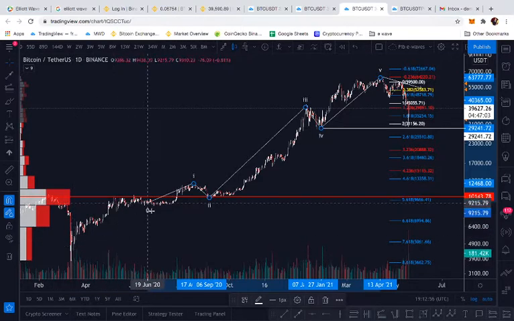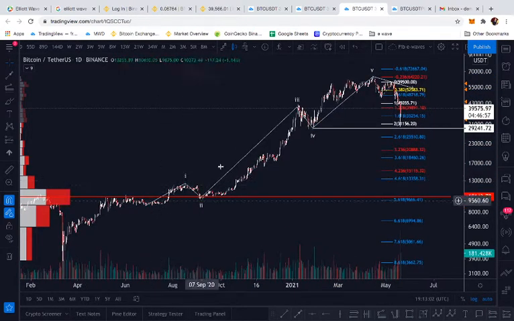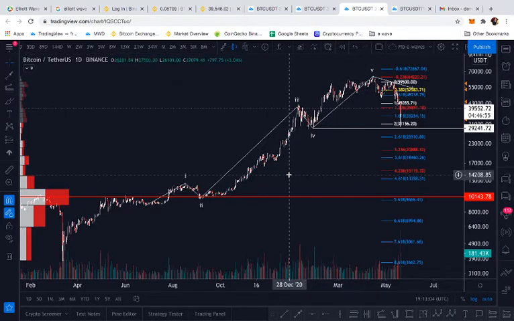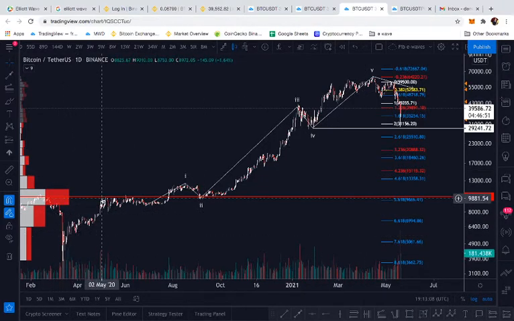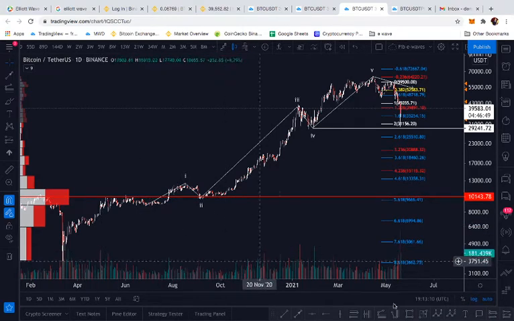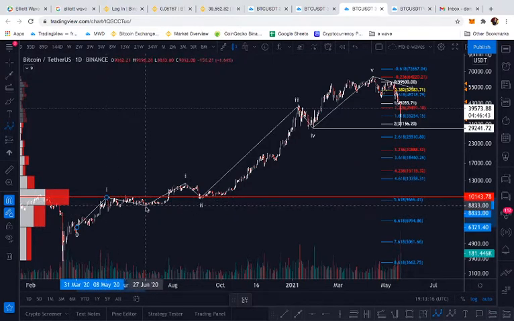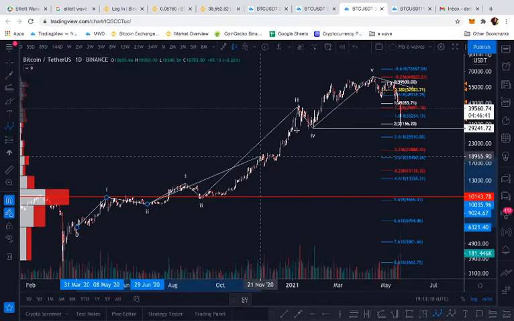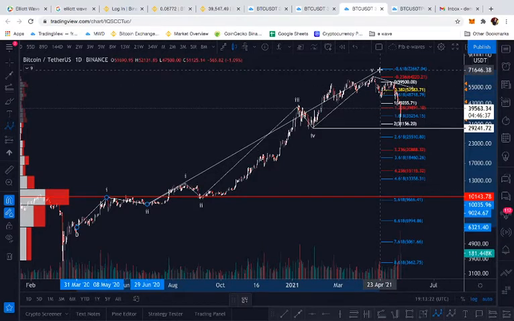I see the count being like a 1, 2, 3, 4, 5, and again this is a 1, 2, 1 of the 3. So it would be something like this. Correct me if I'm wrong. If you guys have some thoughts, vote which one you like better.